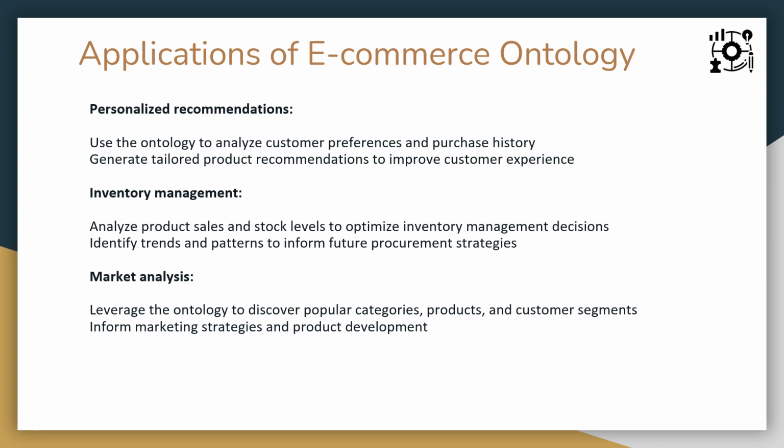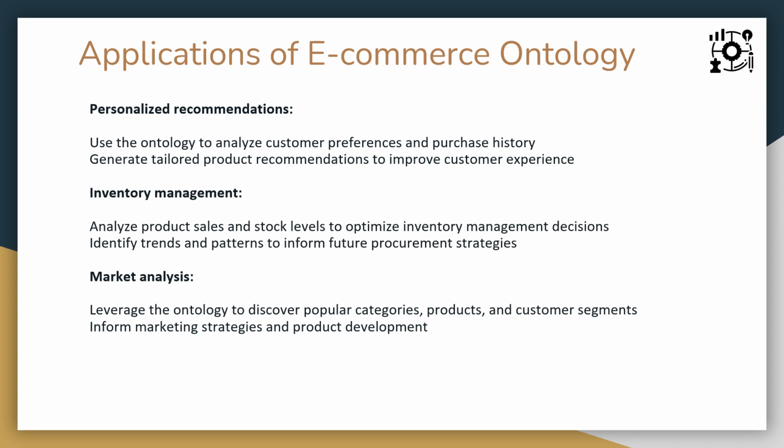For example, if we have some product whose sales are very large, then we can manage that product's inventory in the stock so that we maximize our profit. Similarly, we can identify trends, like in which month what kind of products sell the most.